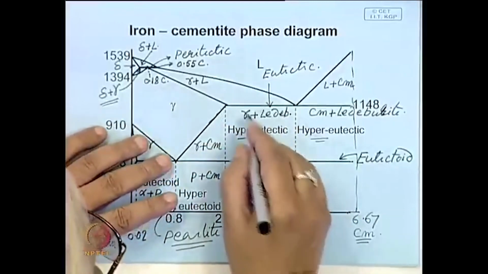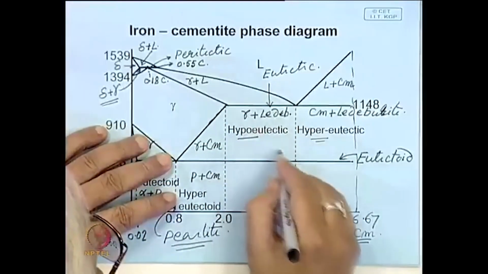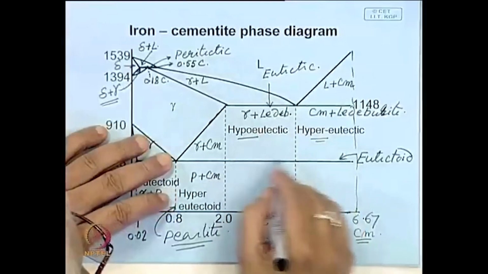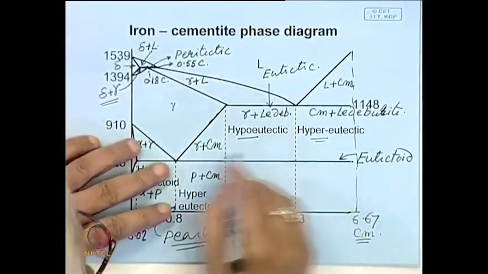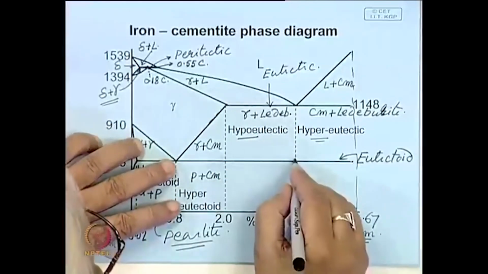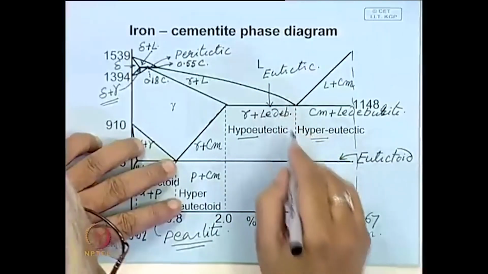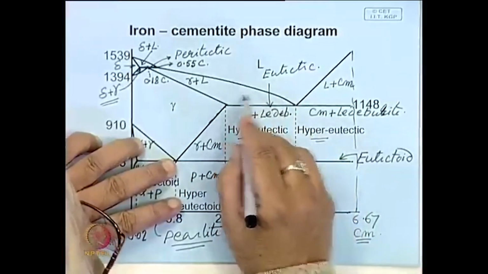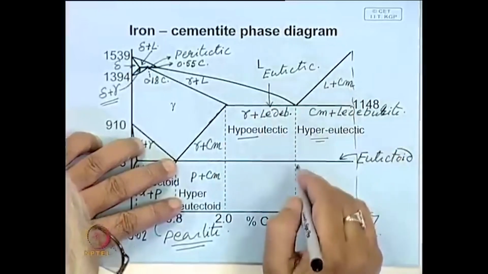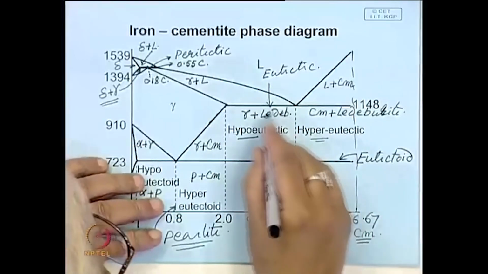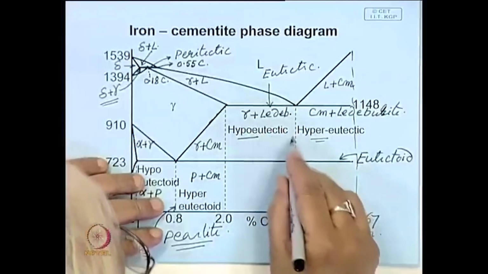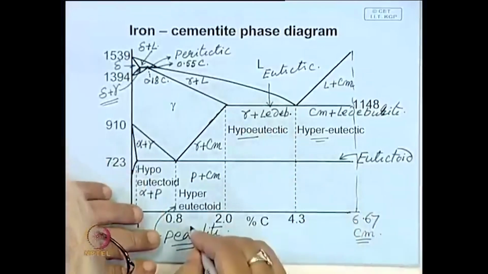Now, here just before this eutectoid reaction, you have a certain amount of ledeburite, which is a mixture of austenite and cementite. And what happens here is that austenite in ledeburite will transform into pearlite.